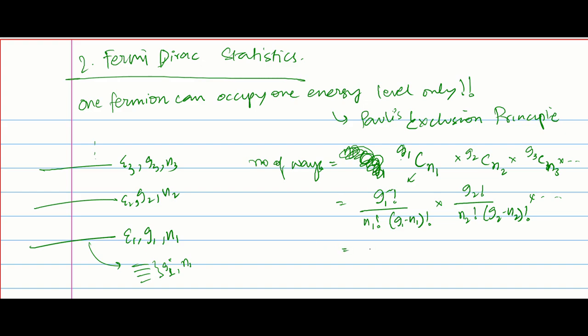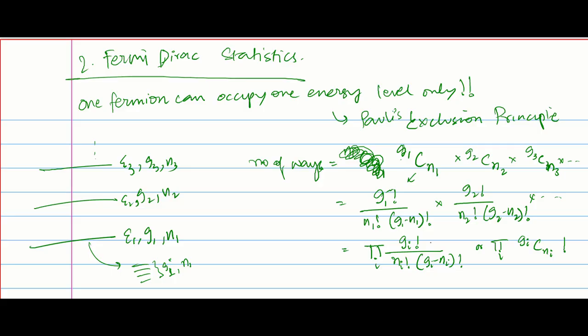This will go on. So in short we can write the product over i of Gi factorial over Ni factorial into Gi minus Ni factorial, or the product over i of Gi C Ni.